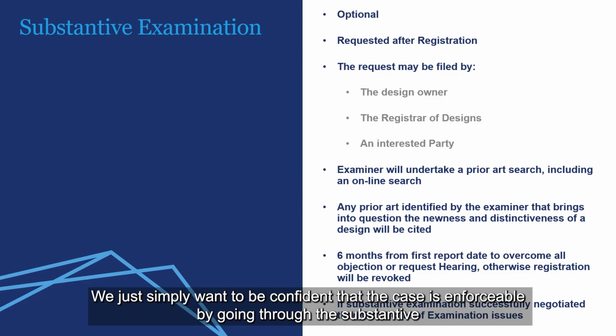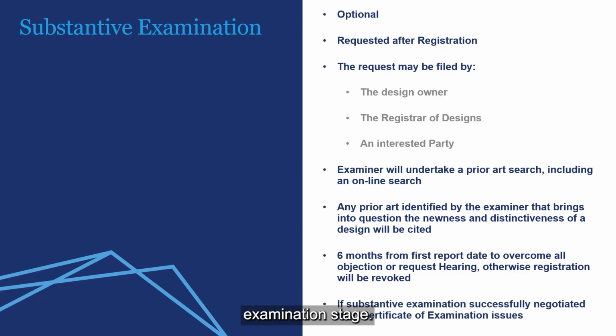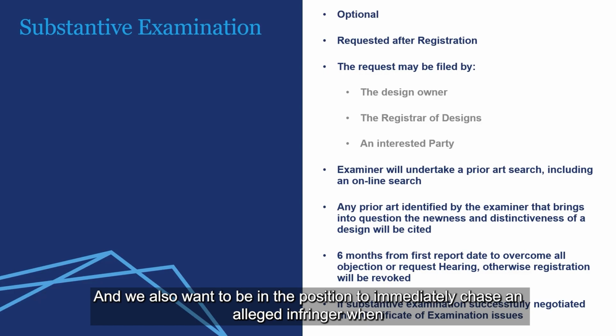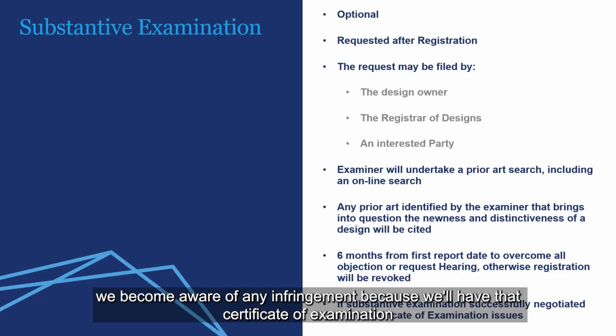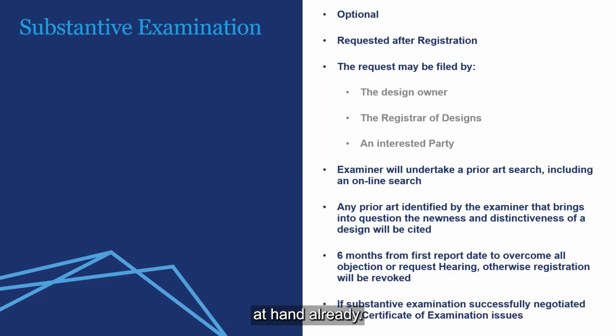That's okay. We simply want to be confident that the case is enforceable by going through the substantive examination stage. And we also want to be in the position to immediately chase an alleged infringer when we become aware of any infringement, because we'll have that certificate of examination at hand already. And that's a perfectly good strategy to adopt.